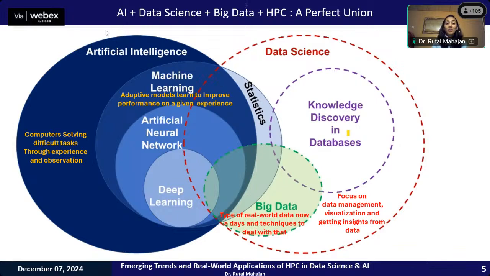And over there, we need an architecture that can get the output, visualization, or insights from that data in the quickest, most precise manner. For that, we will require HPC. So that is how I can define this as a perfect union: AI, data science, big data, and HPC.